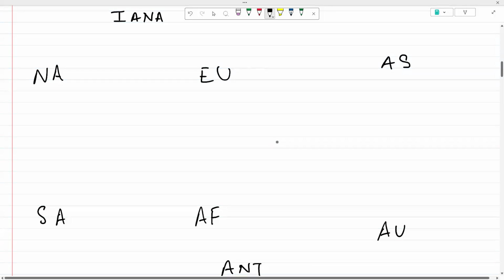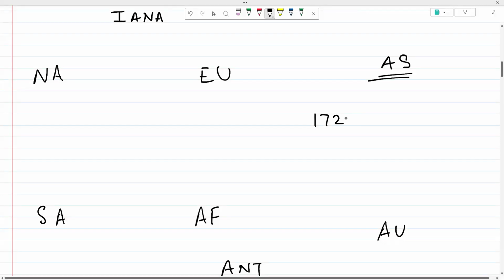So it said any country in Asia will have an IP address that will start from, let's say, 172. So it said all the countries in Asia will have an IP address that is going to start with 172.